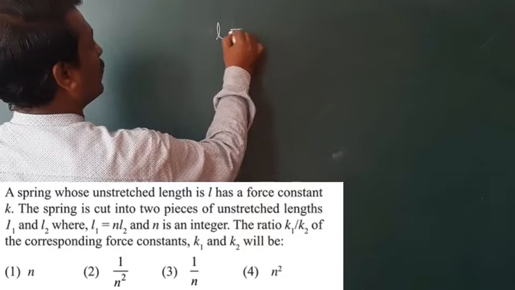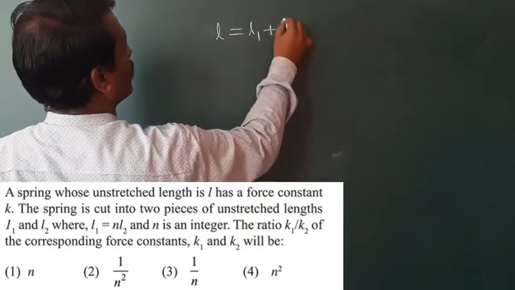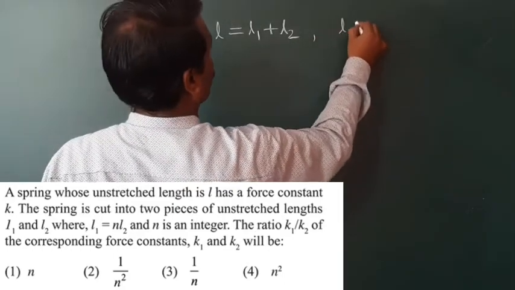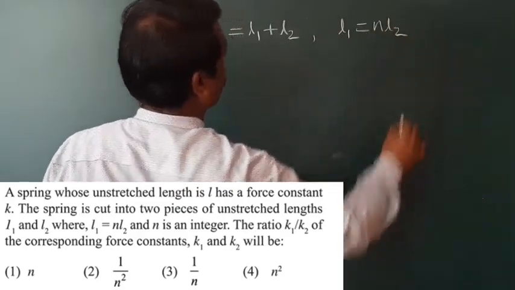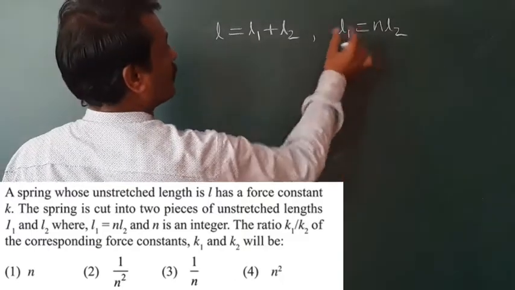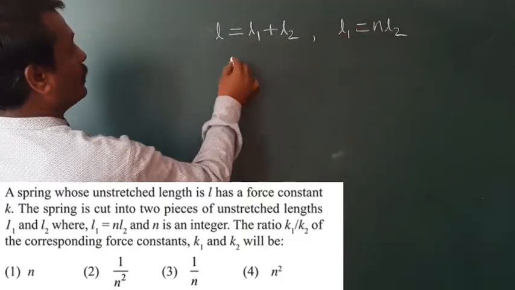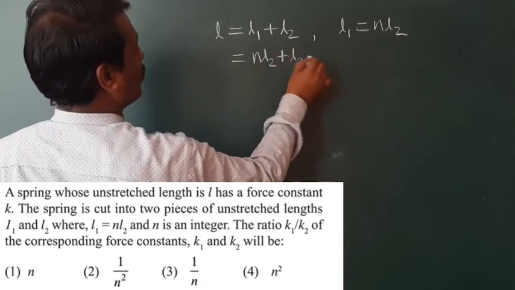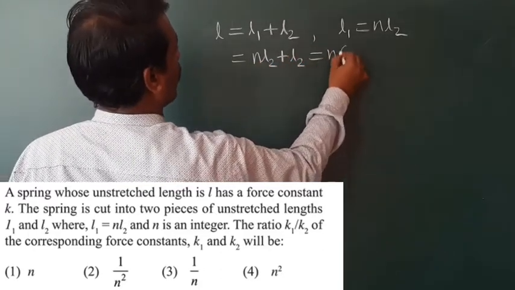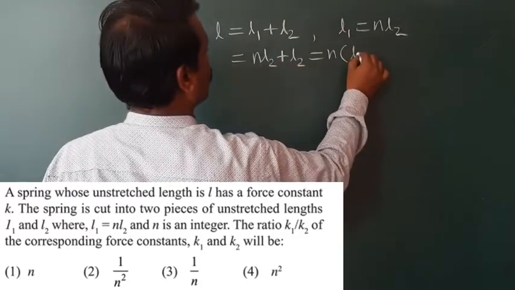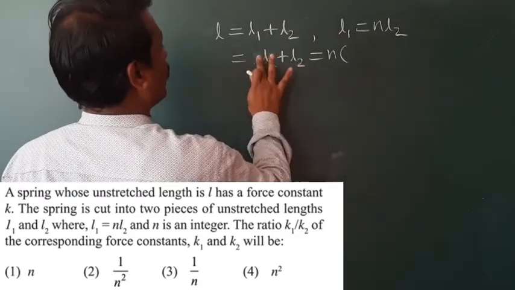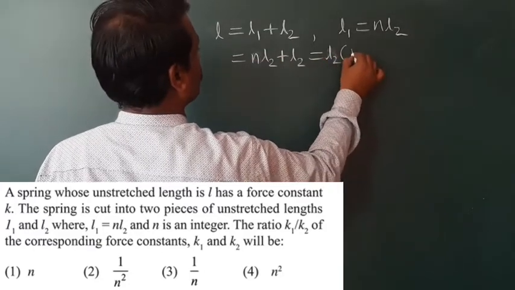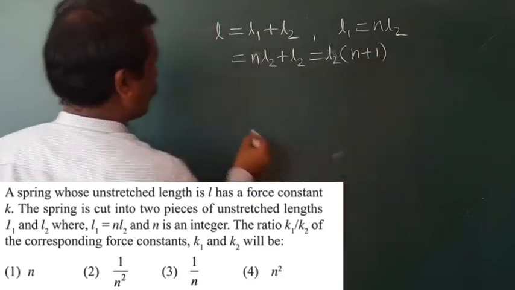It is given that the spring of length L is cut into two pieces of length L1 and L2. So we can write L is equal to L1 plus L2. It is also given that L1 is equal to N L2. Therefore, I will put this L1 equal to N L2 in this equation. Then here we can write N L2 plus L2. Here we can take L2 common, then it becomes N plus 1.